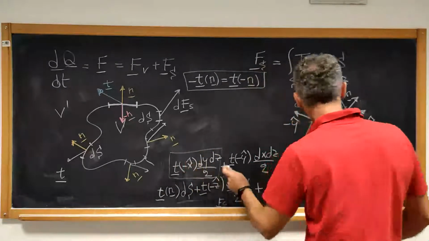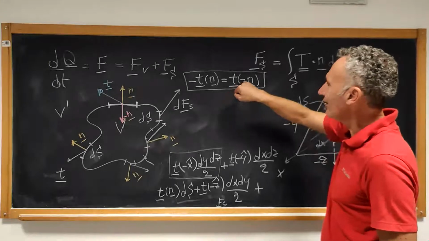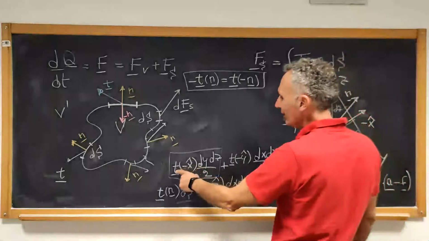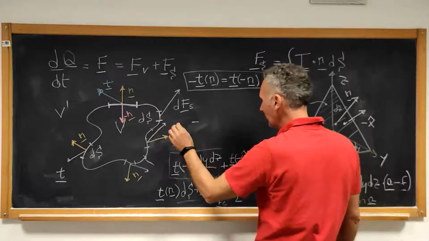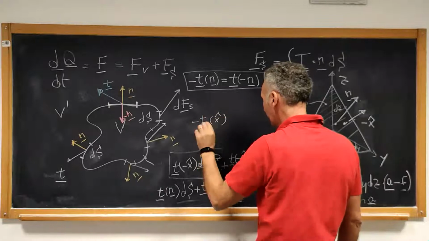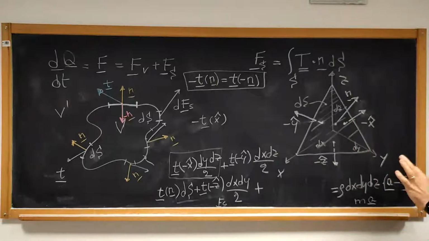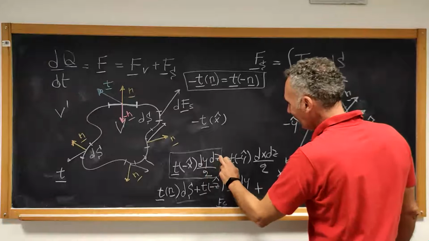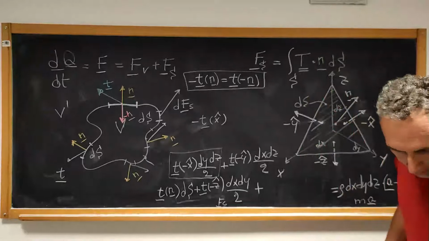So this would be t minus x, but we know that the tension is an odd function of the outward normal. So we know that t minus x hat we can write as minus t x hat. And this is something we have learned before. Now, this dy dz divided by 2 is this area.